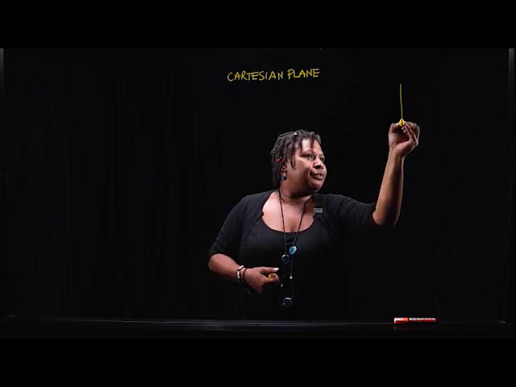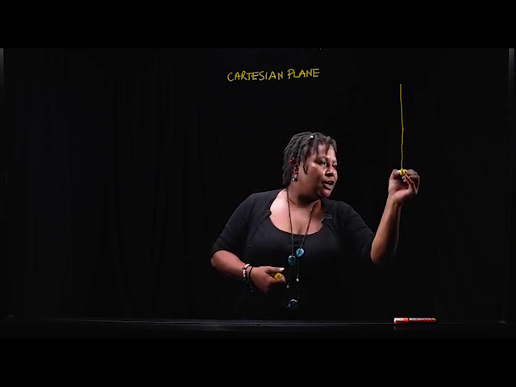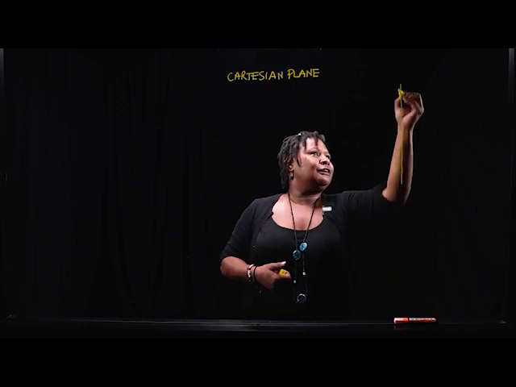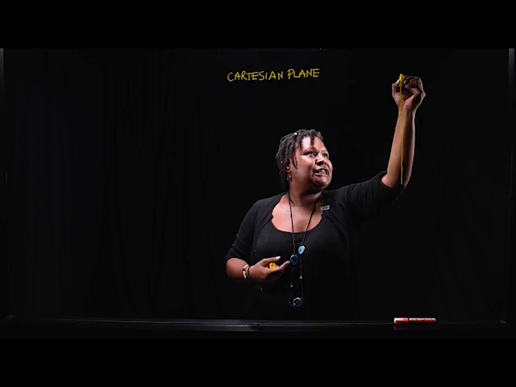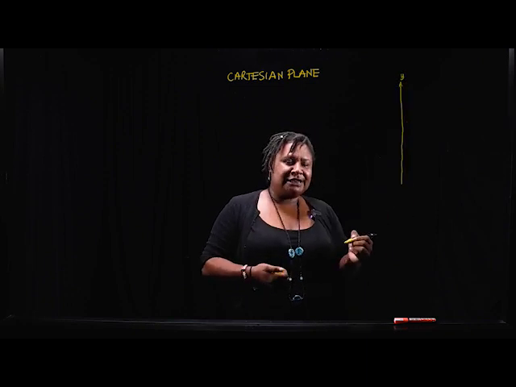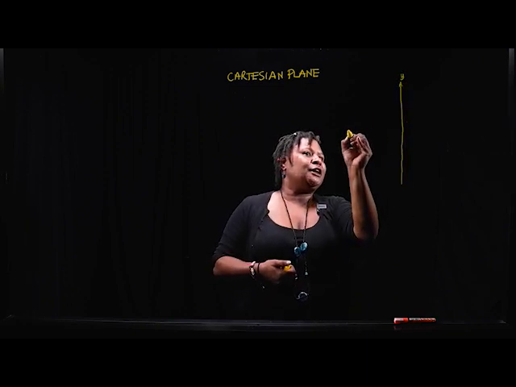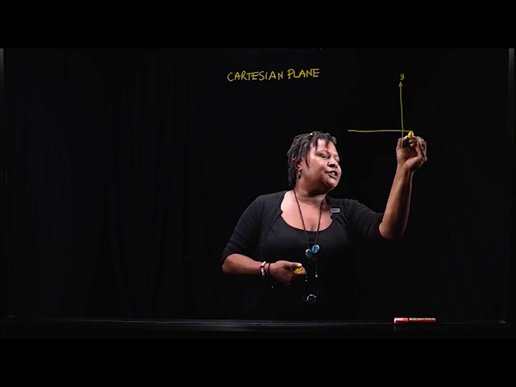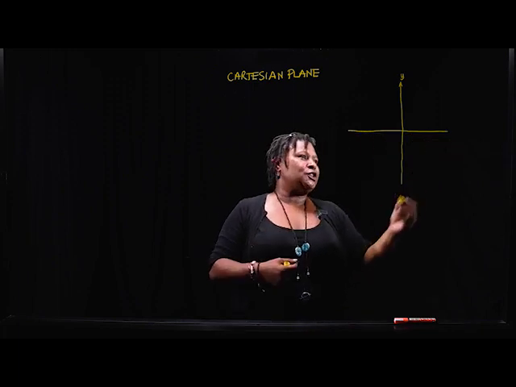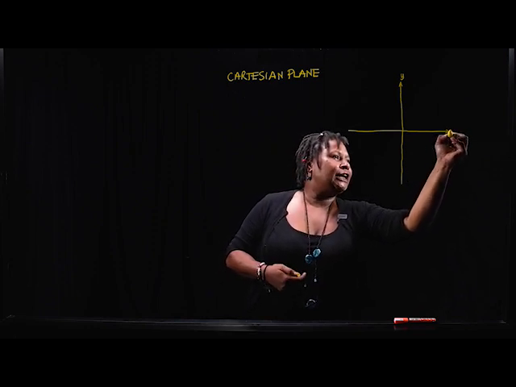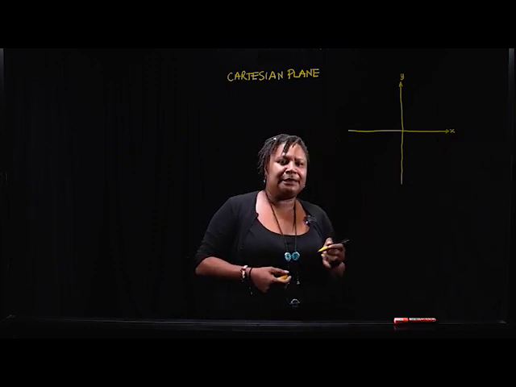We have the vertical number line, also known as the y-axis. Then we have the horizontal axis, or the horizontal number line. That's the x-axis.